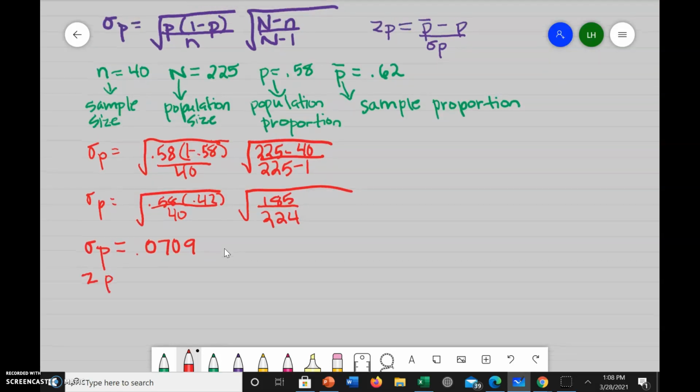The z-score of a proportion is equal to the sample proportion minus the population proportion, divided by the standard error of the proportion, which is what we just got, 0.0709. So that is going to be 0.04 divided by 0.0709.